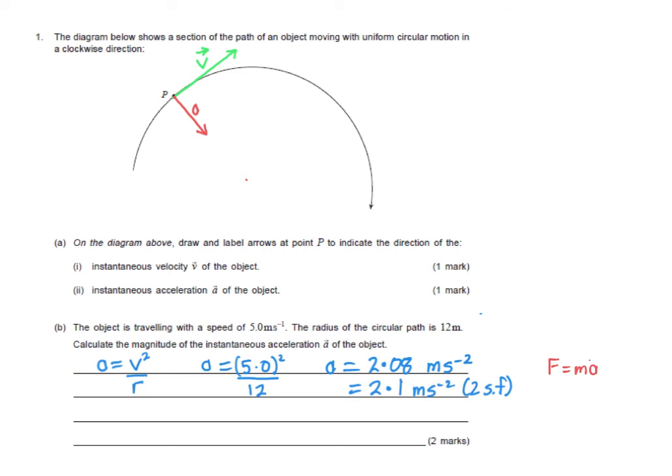Often, we'll just substitute the acceleration formula, v squared on r, into that, and go straight to F equals mv squared on r. If we get time, we'll actually play around with a prac in the lab where we use that formula as well. But to me, it's a fairly straightforward calculation, and that's probably the only way you could have made that one slightly harder.